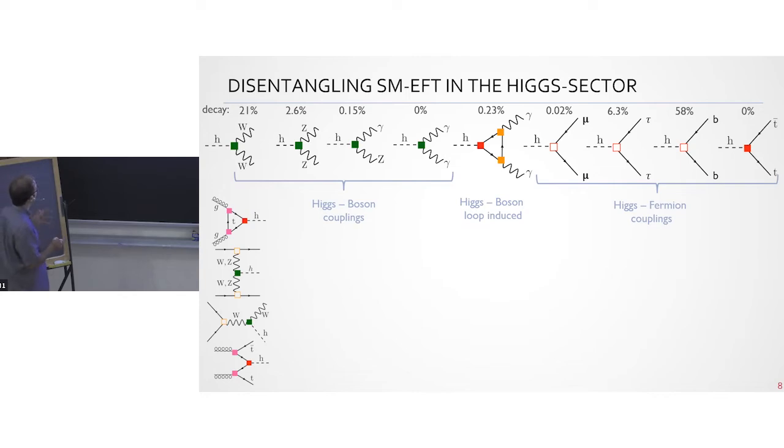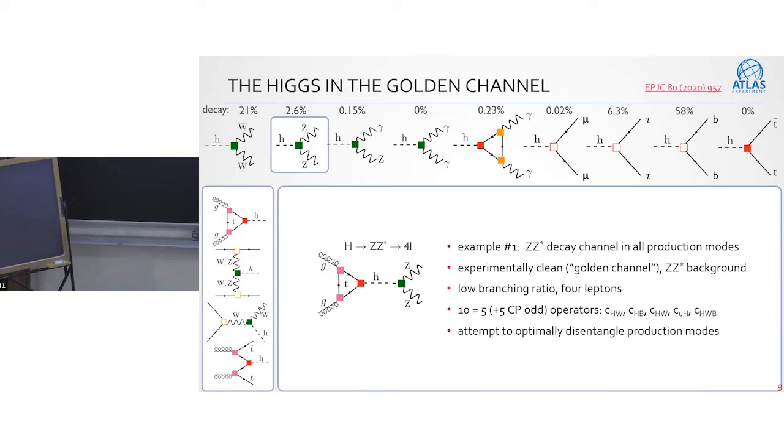So what you always get with the Higgs boson couplings are the loop-induced, very important Higgs to diphoton decays, and we have the fermion couplings. What you always get is a mixture of the two, and that makes Higgs analysis involved and connected. We start with Higgs to ZZ into 4 leptons. This is the first example.